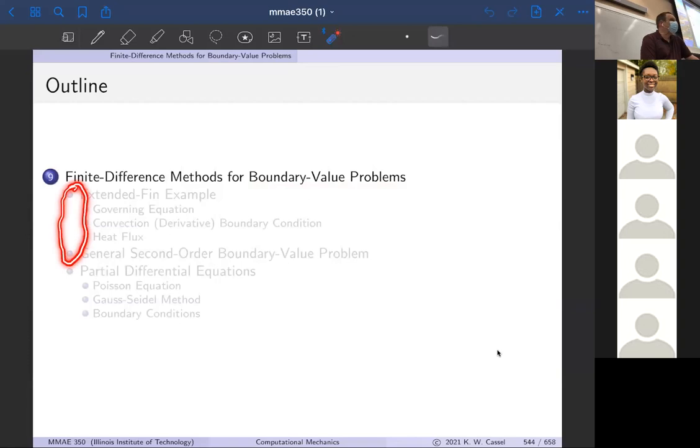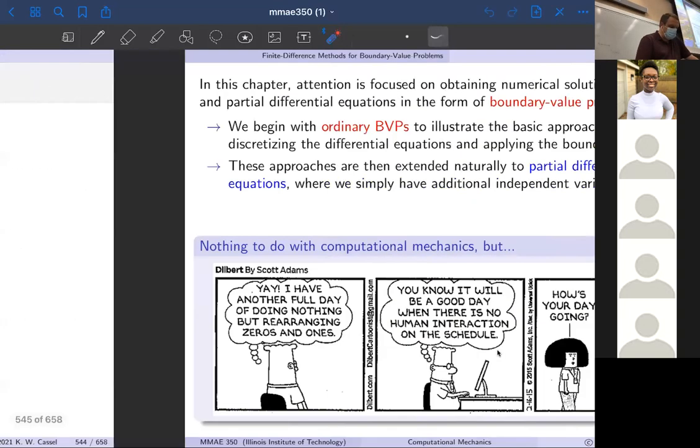This will be very similar to the kinds of things that you would have solved in Math 252, but we'll be looking at more interesting engineering motivated examples. And then we'll extend the methods to PDEs as well. And we'll do the same thing for initial value problems. Start off with ODEs and then look at PDEs.